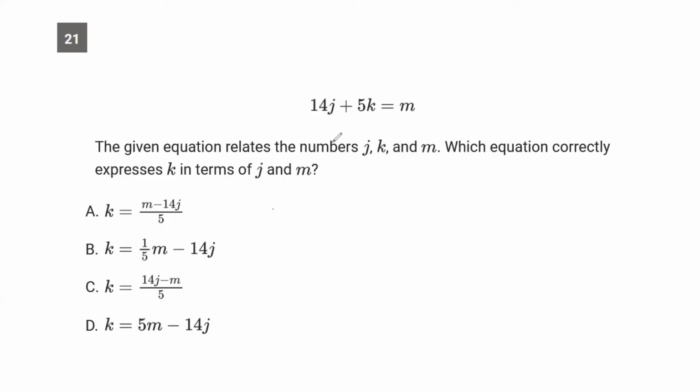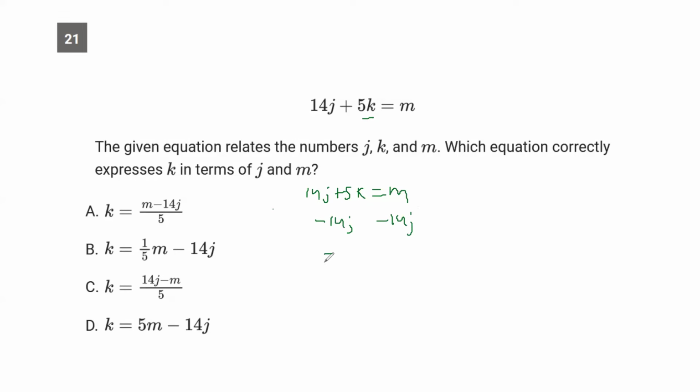So we need to isolate k, right? So first, I'll just rewrite it. And I'm thinking about what I need to do, right? When you're isolating, you're just solving for it. You're doing it by doing opposite of PEMDAS. So first, you subtract 14J from both sides.